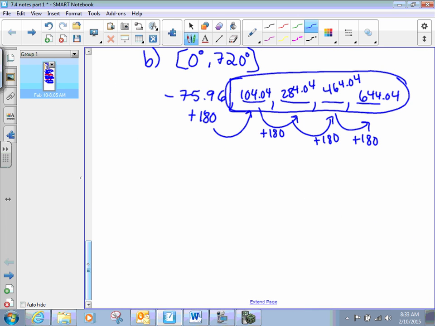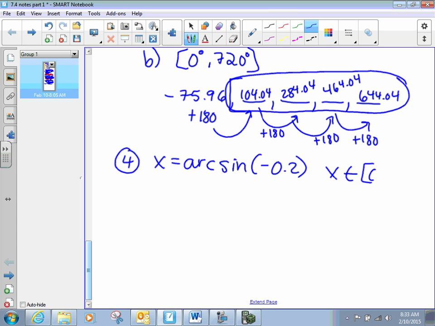So the only thing that shifts with radians is if I have x equals arc sine negative 0.2, notice that in the given interval, I now have 0 to 4 pi. 4 pi just happens to be the number 12.566, so that just tells me the interval with different numbers, but I'm in radians.